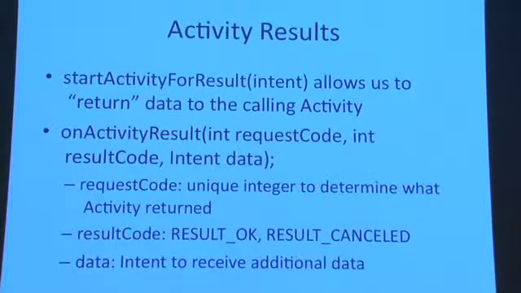onActivityResult is another method associated with this process. It takes in a request code, a result code, and data. These request codes need to be unique. Maybe you can have some kind of constant located at the top of your Java file to determine this request code. The result codes are usually RESULT_OK and RESULT_CANCELED. These are constants already inside the Android SDK, so you don't really need to worry about those.